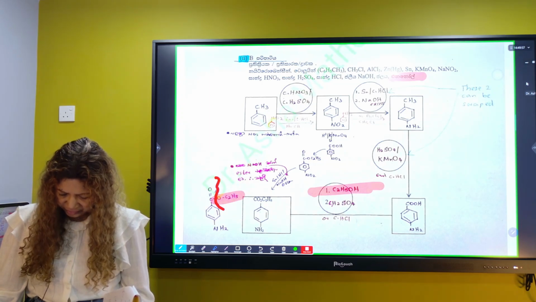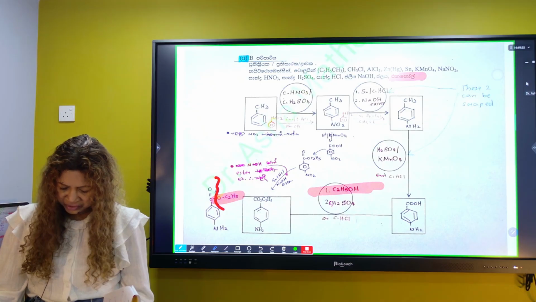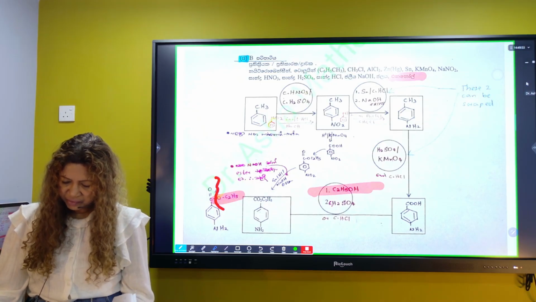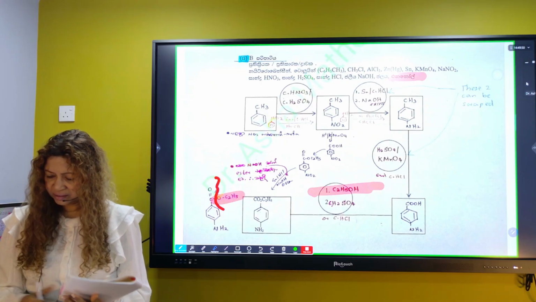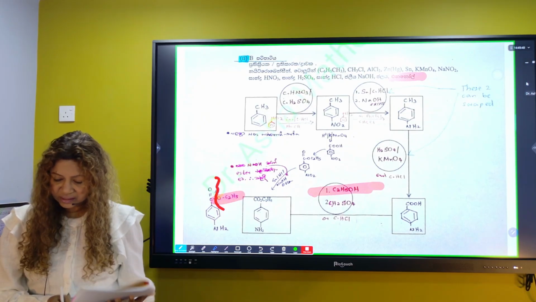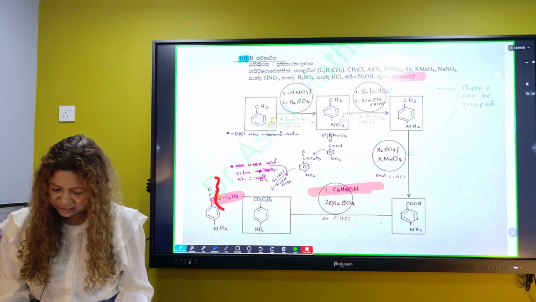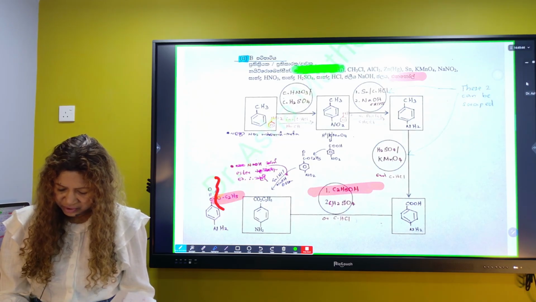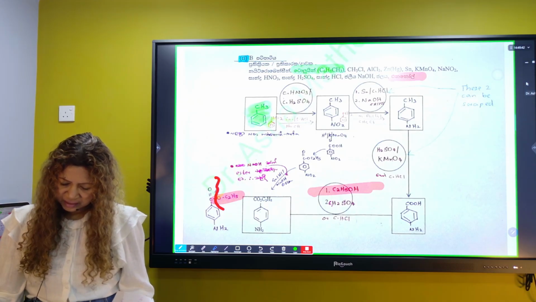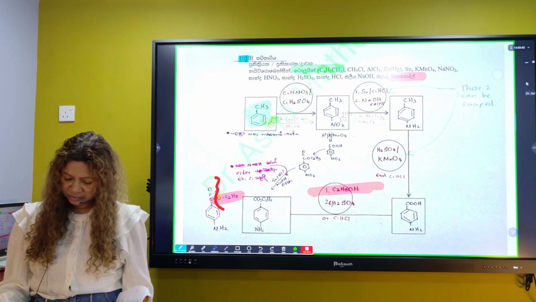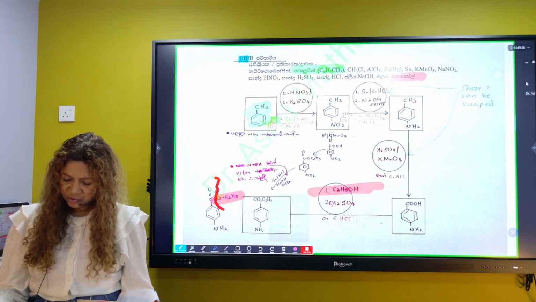To make it, ortho-para, COOH and NH2. So I'm going to start with an ortho-para director, that is toluene. They were given this toluene, so I'm going to start from that toluene. Since this is ortho-para, you have to get NH2 directly.